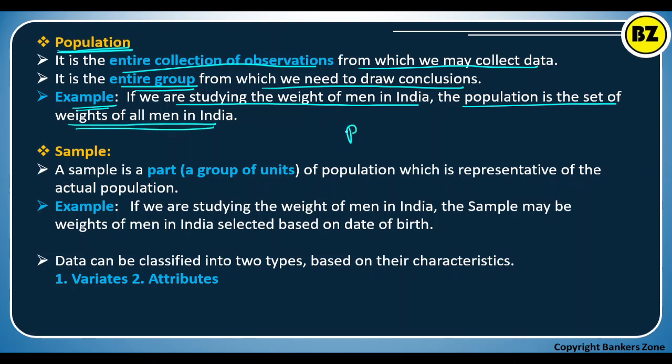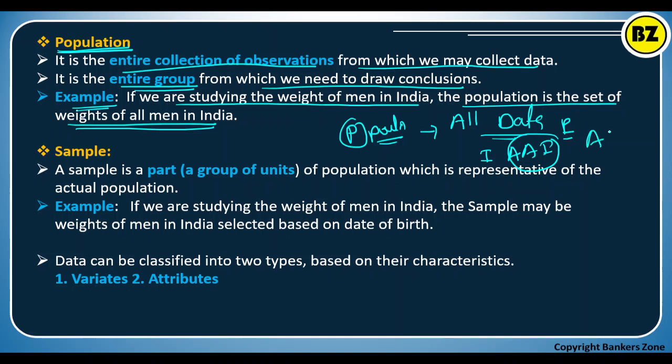What is a population? Remember, population here refers to all. Population means all data. For example, suppose I have to find the average age of Indians. What will be the population for it? All Indians' ages will be my population.